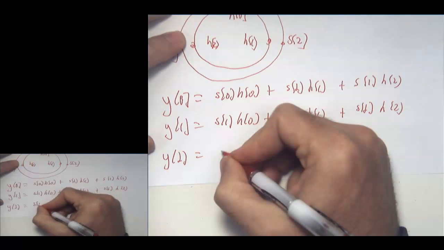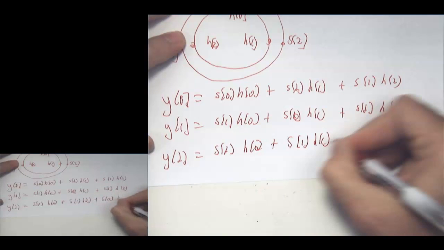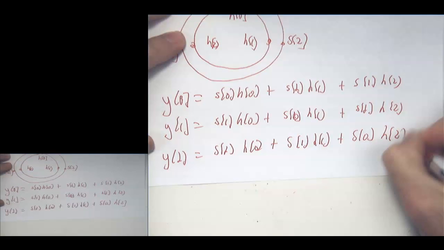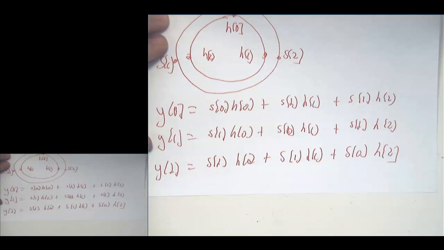And y2 equals S2 H0 plus S1 H1 plus S0 H2. So that's just a standard circular convolution.